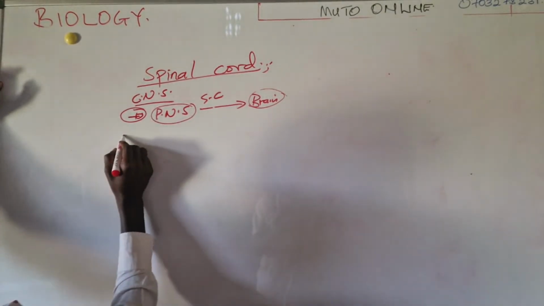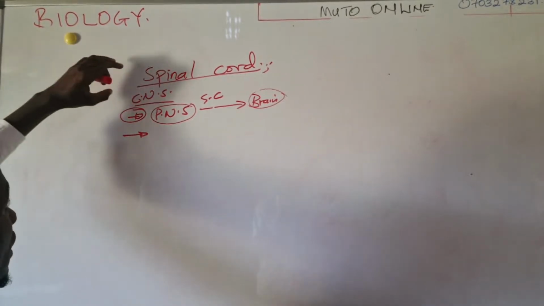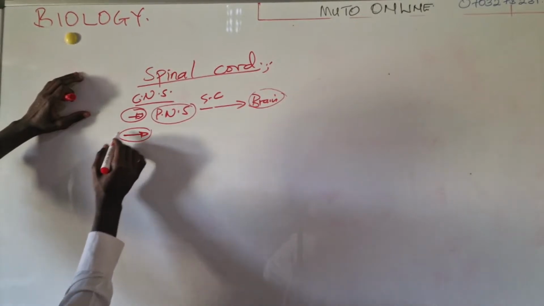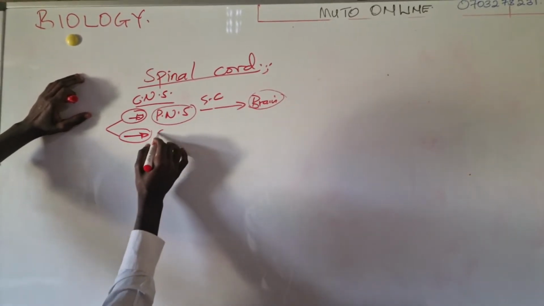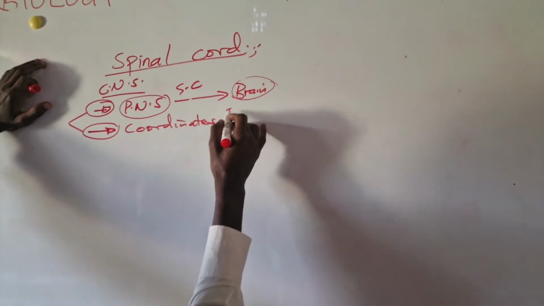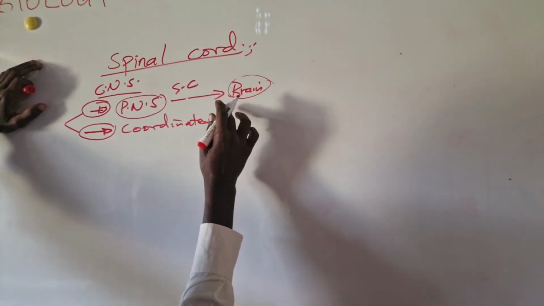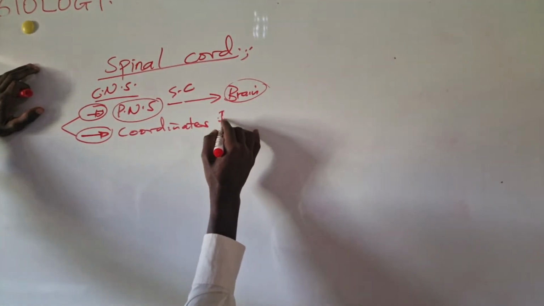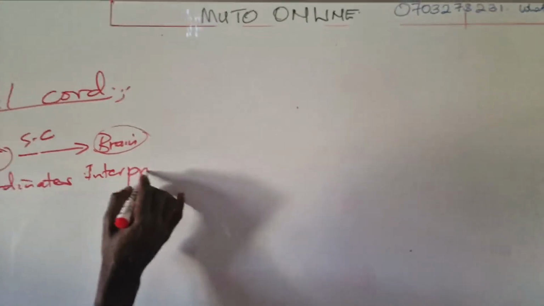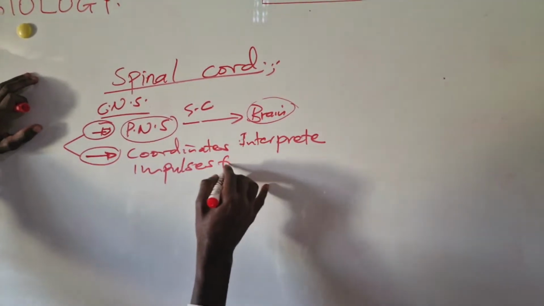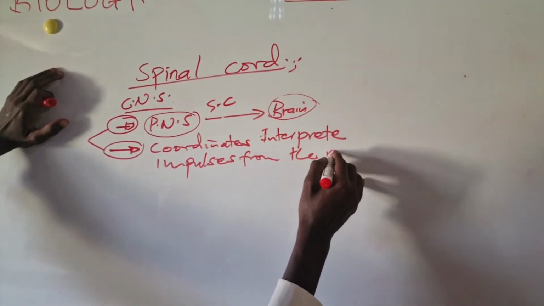We saw that the central nervous system coordinates and interprets impulses from the receptor cells.